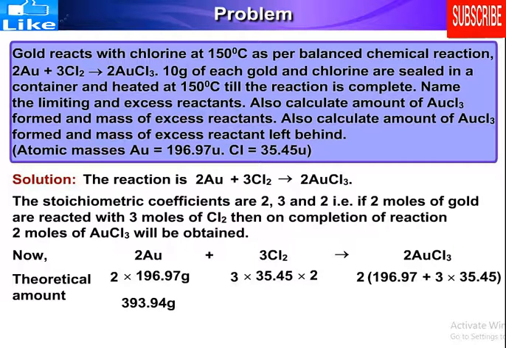That is, 393.94 grams plus 212.7 grams is equal to 606.64 grams of reactant, which is equal to 606.64 grams of product.